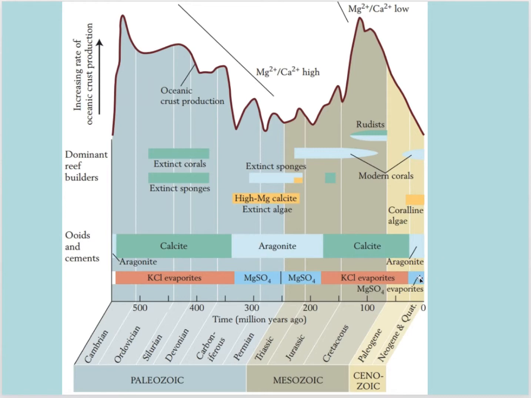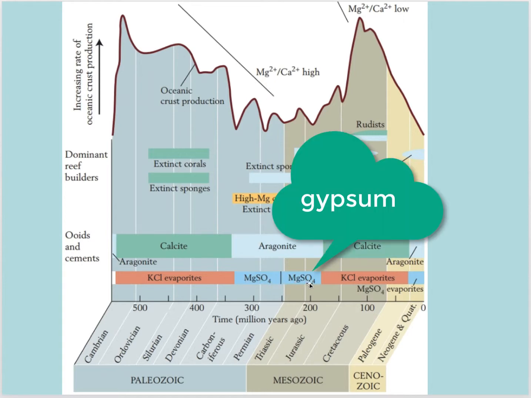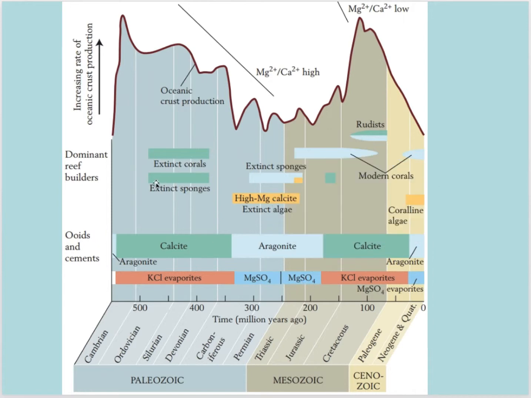Other things that are happening too is note that as we have more magnesium in seawater, we're going to be able to make more of this magnesium sulfate. And these are evaporites. Magnesium sulfate is the mineral gypsum. When seafloor spreading is more abundant and we're seeing more calcium, less magnesium, so we see these low magnesium to calcium ratios, you can see calcium and potassium follow each other closely.